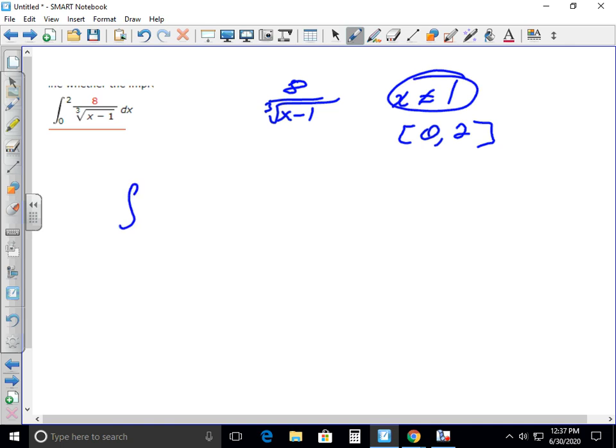So what we have to do is go from 0 close to 1. We're going to let c approach 1 from the left side, and we're going to do this integral.